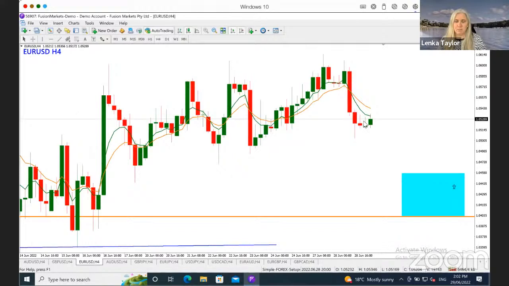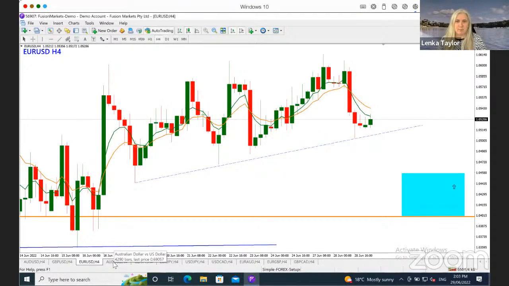But let's see what the price action does. If there is further pullback, great. If it just stays within that range where it is now, then that's also okay. Looking for some kind of reversal to go long.